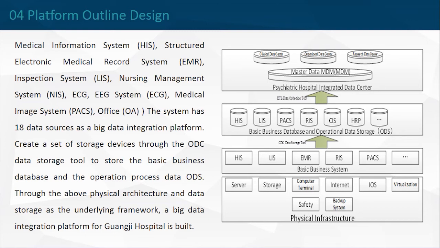Create a set of storage devices through the ODC data storage tool to store the basic business database and the operation process data ODS. Through the above physical architecture and data storage as the underlying framework, a big data integration platform for Guangji Hospital is built.